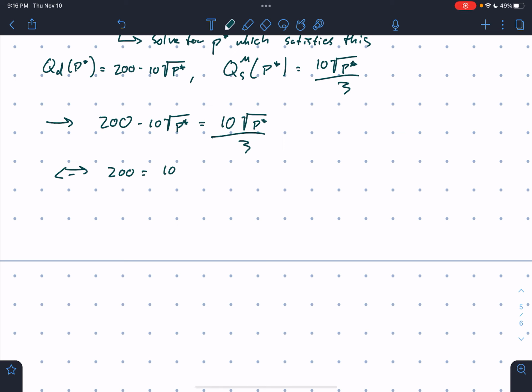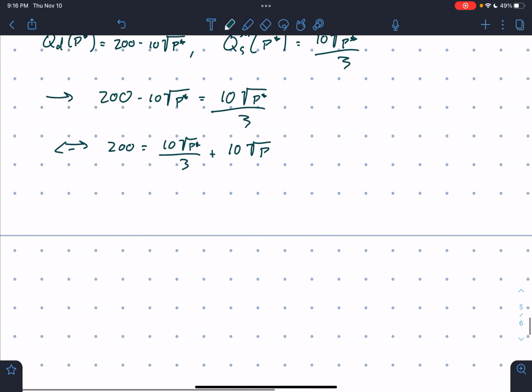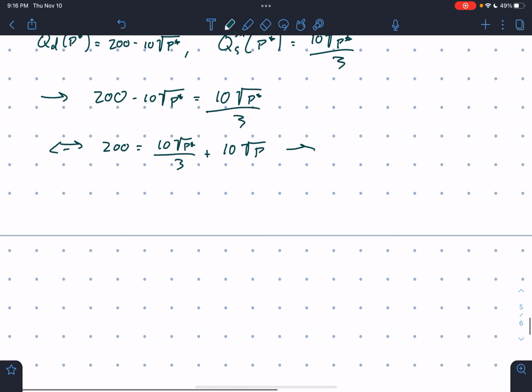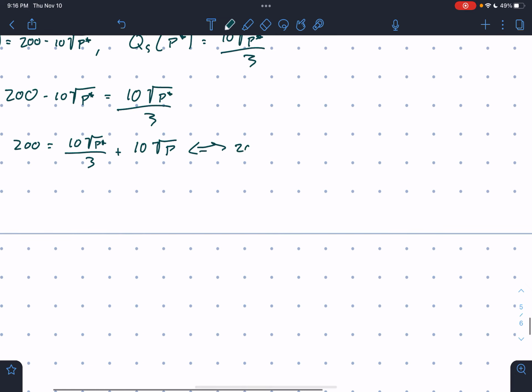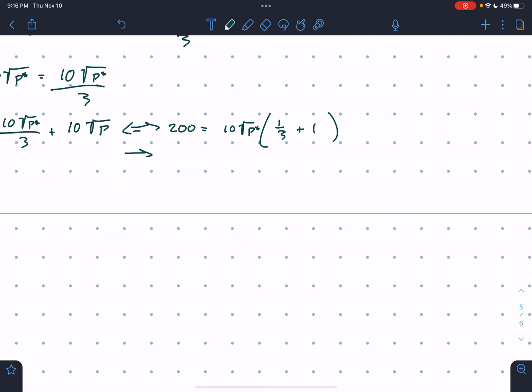I'm going to get 10 root P star over 3 plus 10 root P. Multiple different ways we could do this. I'm just going to do 200 is equal to 10 root P star times 1/3 plus 1. I'm just showing a lot of steps here. 200 is equal to 10 root P star times 4/3. I just want to be explicit about this.